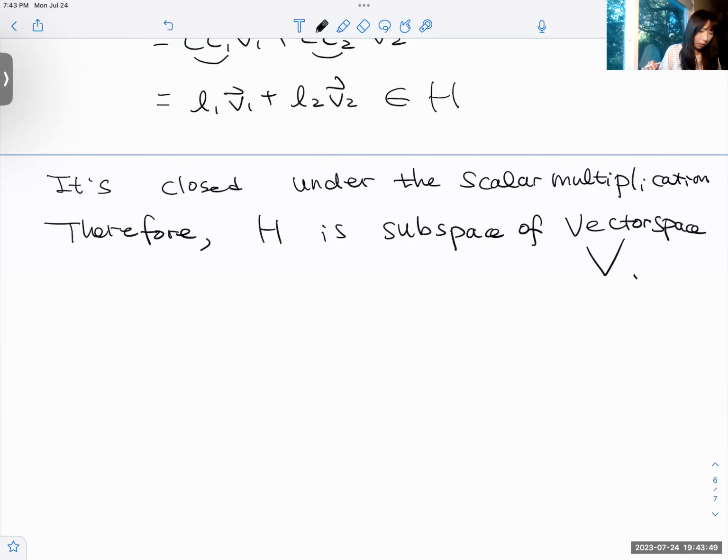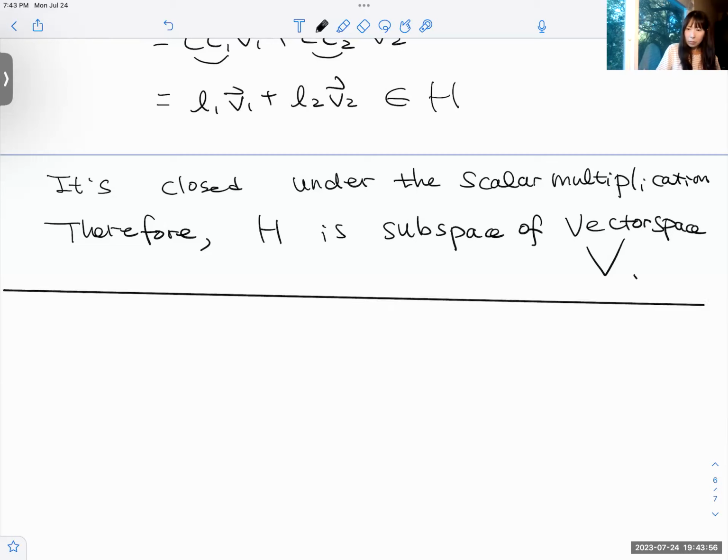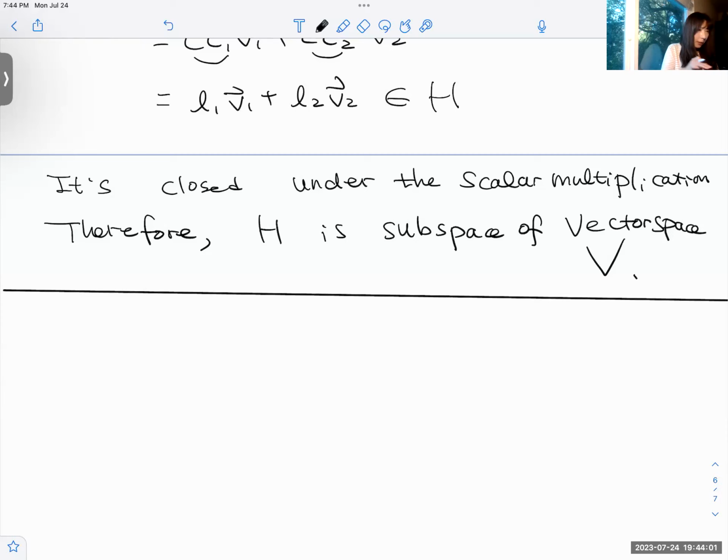Okay, let us see using the null space. Null space terminology, right?